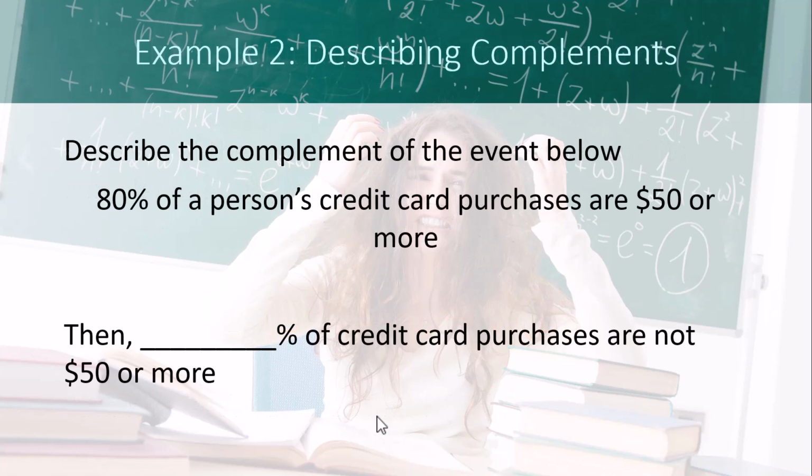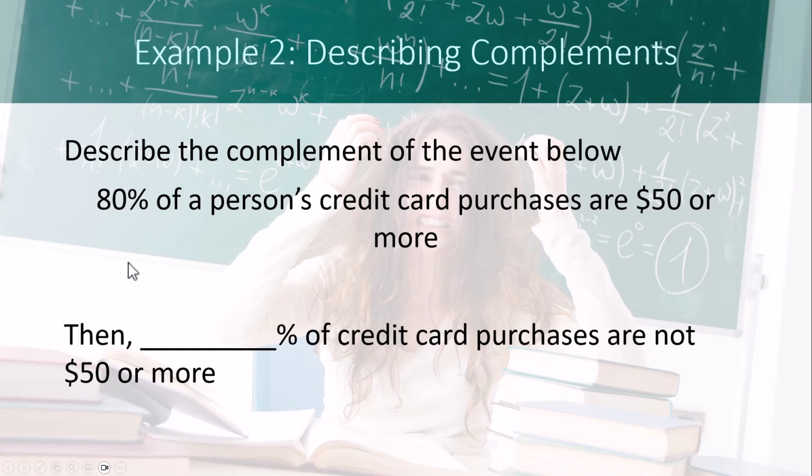Okay, this brings us to example 2, which is kind of similar to your homework. Describe the complement of the event below. What we have here is that 80% of a person's credit card purchases are $50 or more. So its complement is going to be those credit card purchases that are not $50 or more.